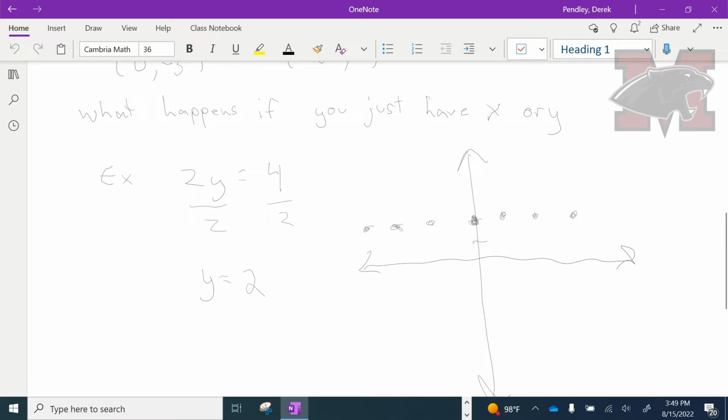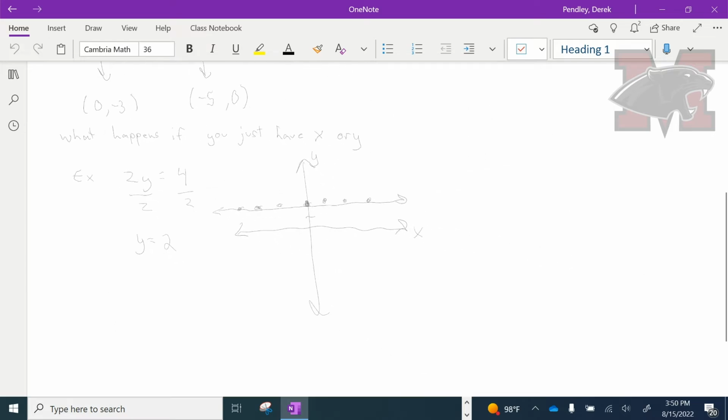Because on a horizontal line, the y value is some set number and it never changes. So you're justifying to me, hey, there's a coordinate plane, x and y, where if you were to draw a picture of every spot on that graph where y was equal to 2, but you have no x value, that means that the line never crosses x. Because if you don't have an x value, that means it never intersects with the x.